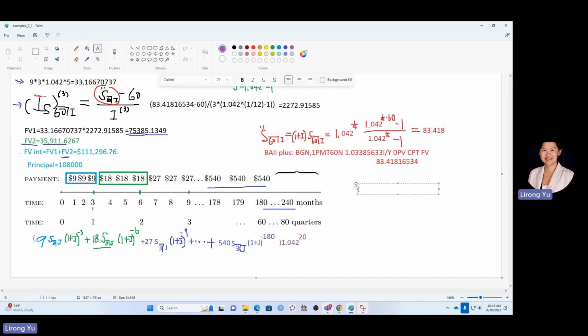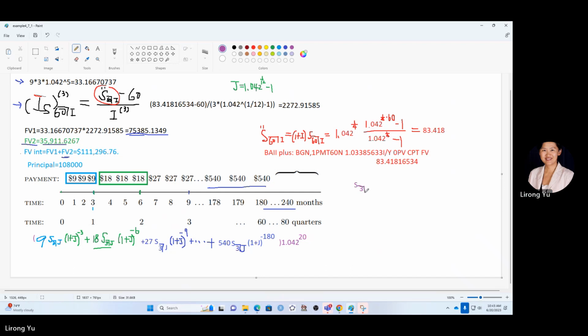S3J: if you pay $1 three times at an increment of time, according to our formula, since this is the future value, it will be 1 plus j to the power 3 minus 1, over j. It will be something close to 3, but the future value of 3 should be a little bit higher than 3.